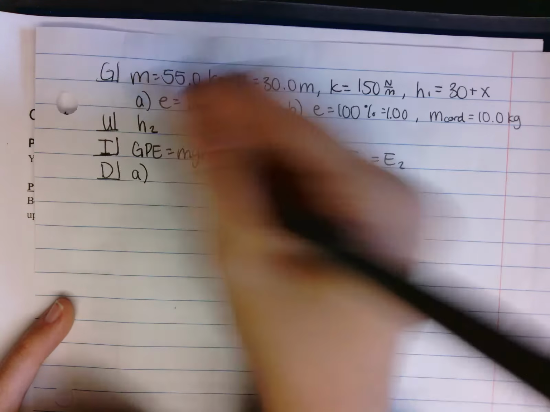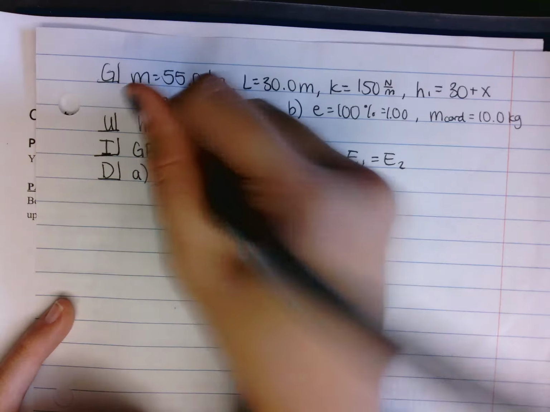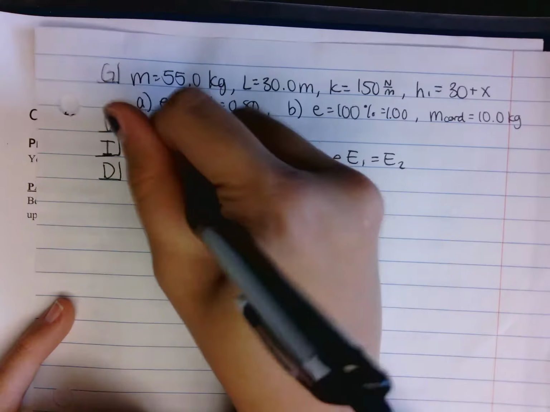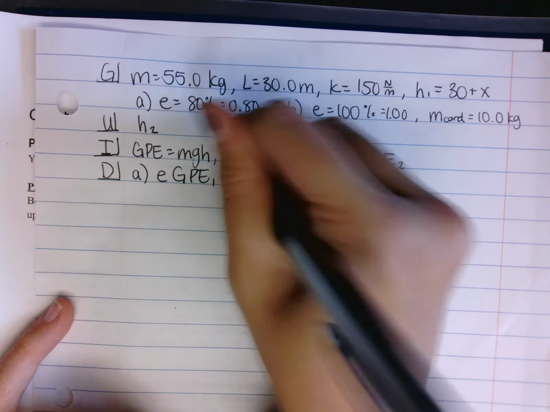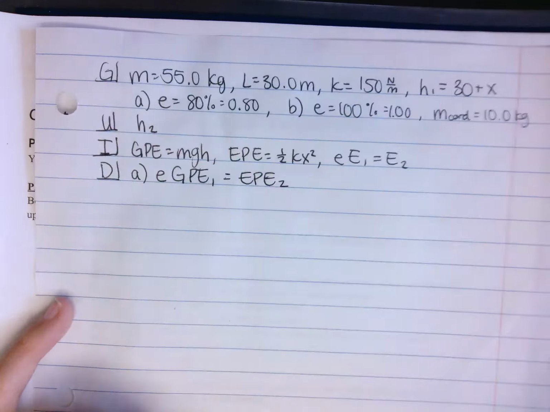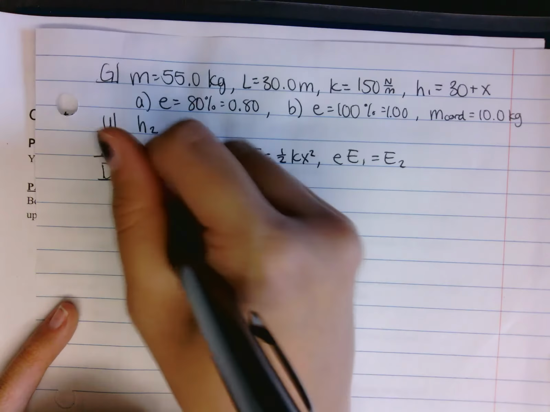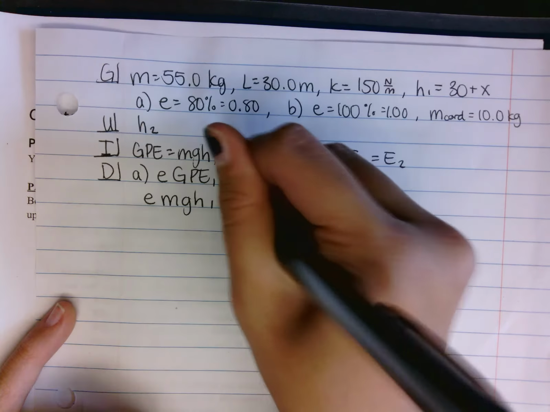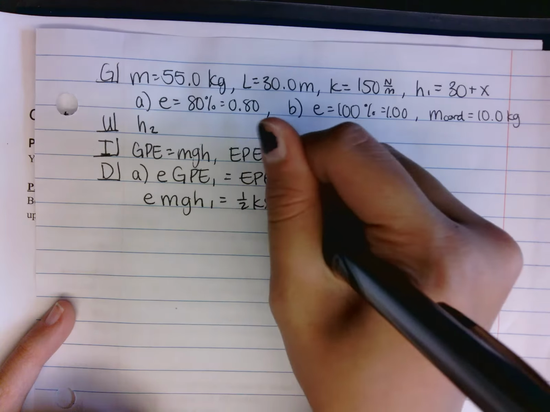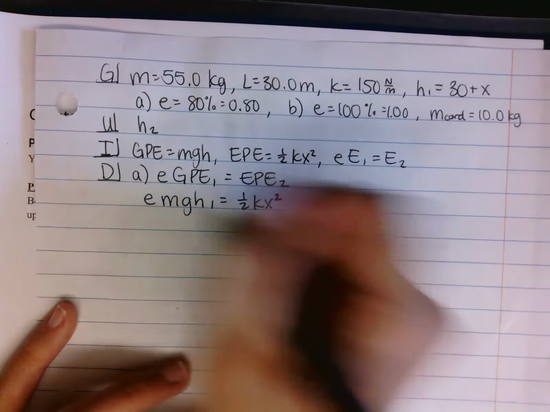So we know that E times GPE1 is equal to EPE2. And then knowing these, we can just plug in the values.